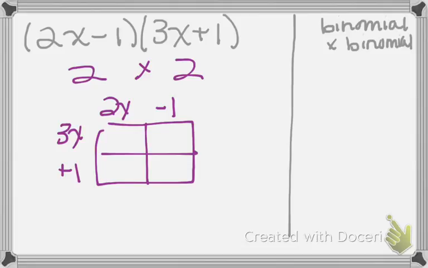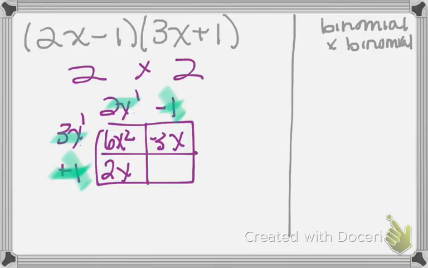Remember, multiplying, we add exponents, so if you want to put an exponent there to remind yourself, you can do that. 3x times 2x gives me 6x squared. 3x times negative 1 gives me negative 3x. 1 times 2x gives me 2x. And 1 times negative 1 gives me negative 1.